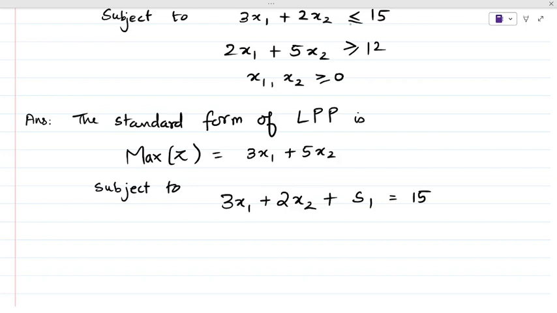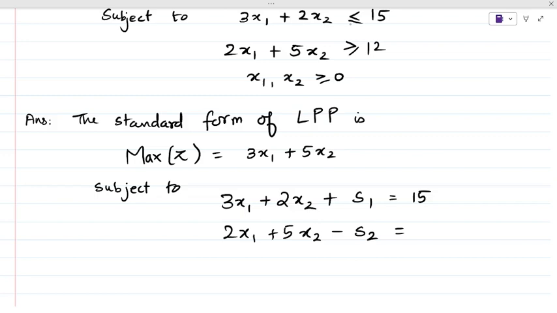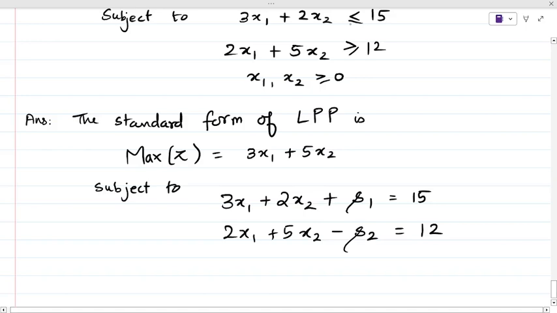The first condition uses the first variable s1. Now the second one is 2x1 plus 5x2, so there is a surplus here, so I'll subtract s2 and write it equal to 12. So what I'll get here is x1, x2, s1 and s2 greater than or equal to 0. So this is the standard form.